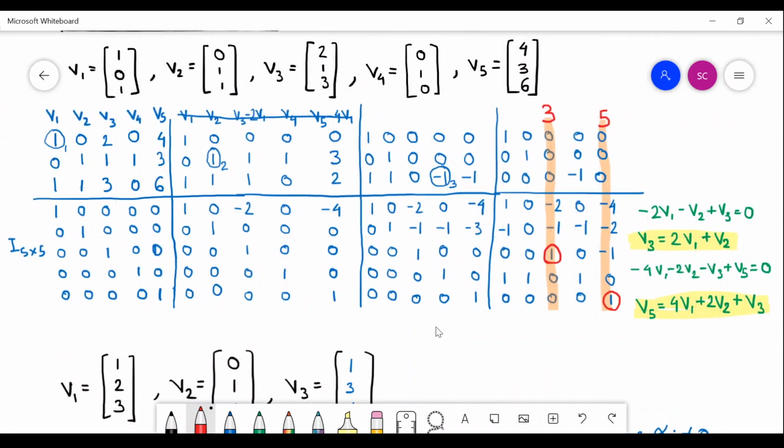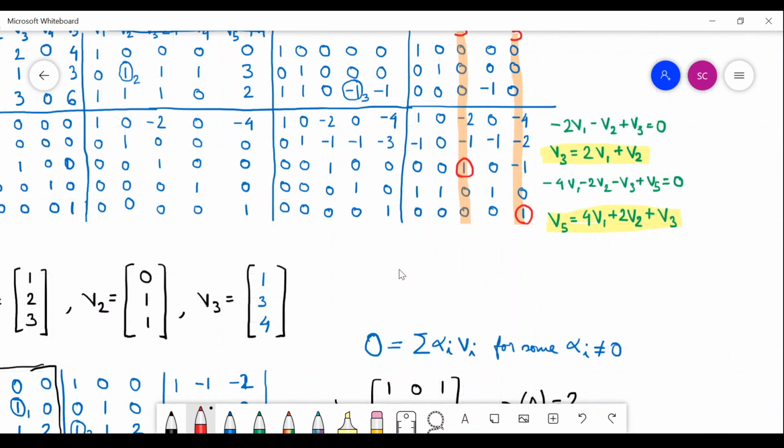Here you see, suppose this is the matrix whose null space we want to find out. We have already found these relationships by which the column vectors get multiplied by these scalars to yield these 0 vectors at the top.